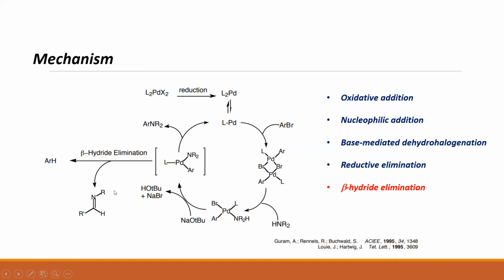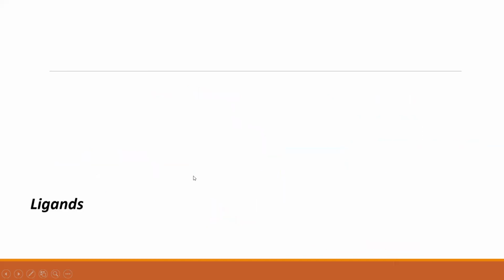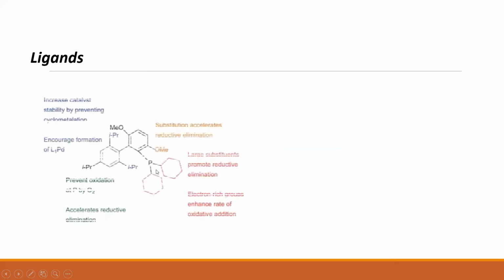Fortunately, this unexpected side reaction can be avoided by the addition of deliberately designed ligands, on which I will elaborate a bit further in the next slide. So here it is, the ligand part.